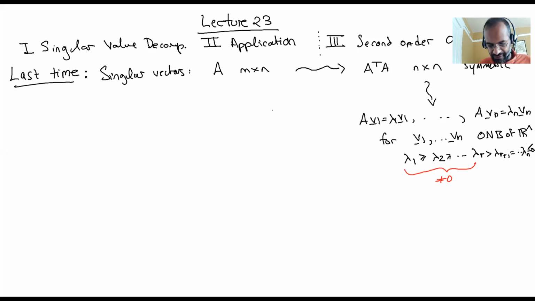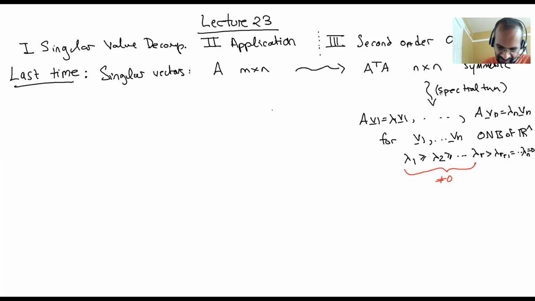And I should say, somebody asked me this maybe after the lecture, I'm not saying that these numbers are distinct, right? The same number could be repeated many times in this list. For example, if A transpose A is the identity, then you just get 1, 1, 1, 1, 1. So all I'm saying is that we know there are n orthonormal eigenvectors by the spectral theorem. And for each of them, there is some eigenvalue. And I'm just going to write down those numbers like this.